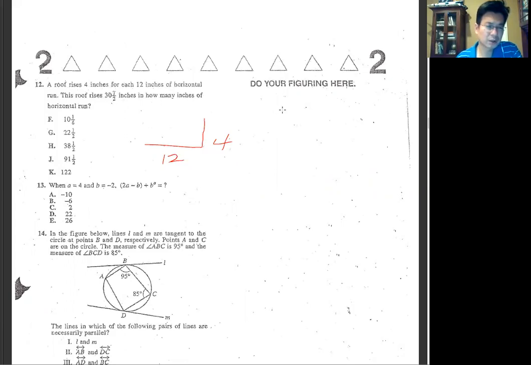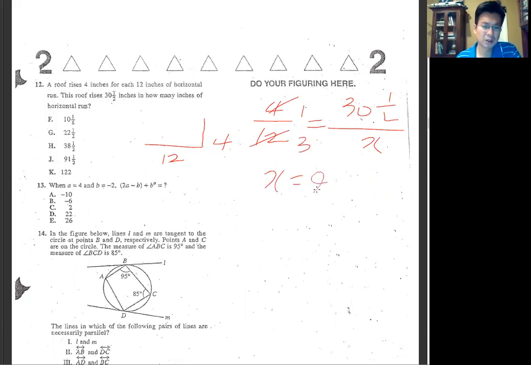This rise is 4 and the run is 12. Then the rise is 30 and the run is x. So this is 1/3. Cross multiplying, x has to be 90. So 91 1/2, J.